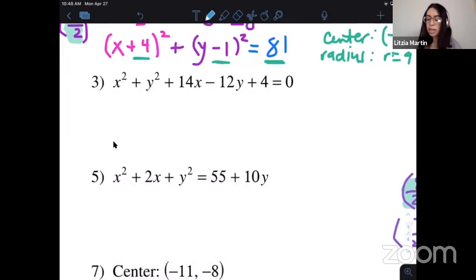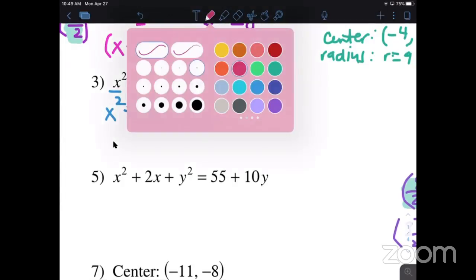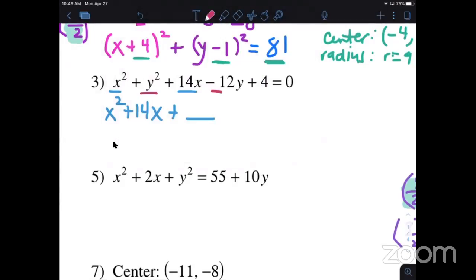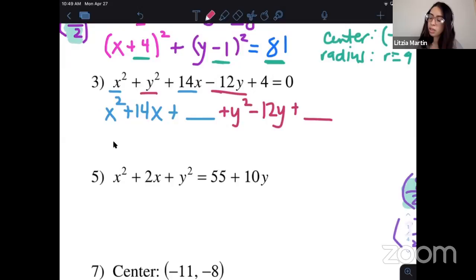So we want to get the x's together, x squared plus 14x, and then we'll leave a space, right? The y's, so we have y squared minus 12y plus a little space.